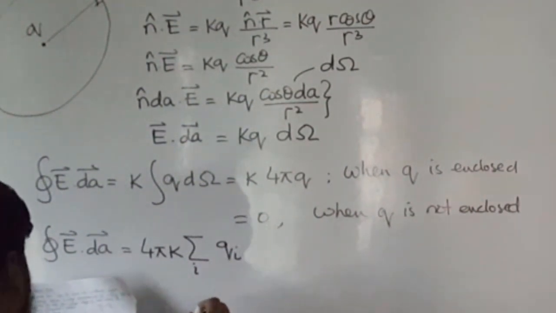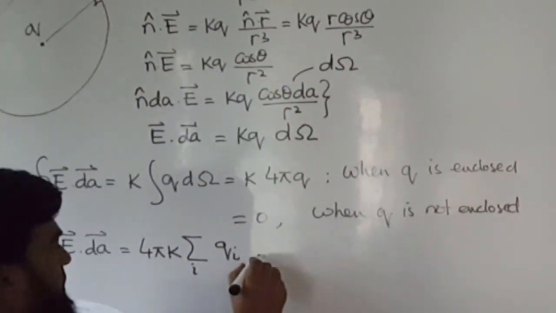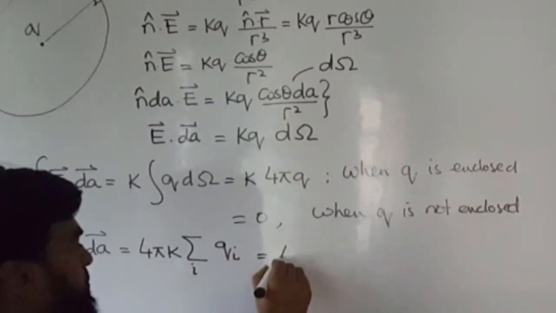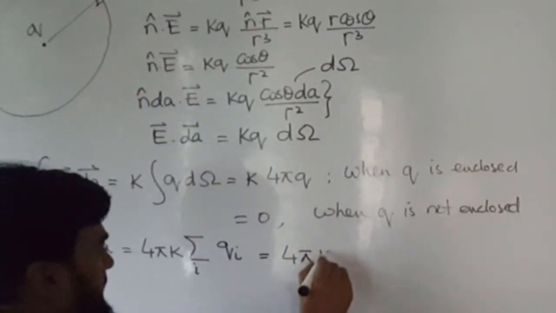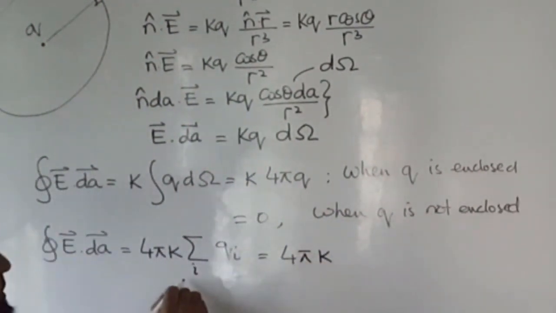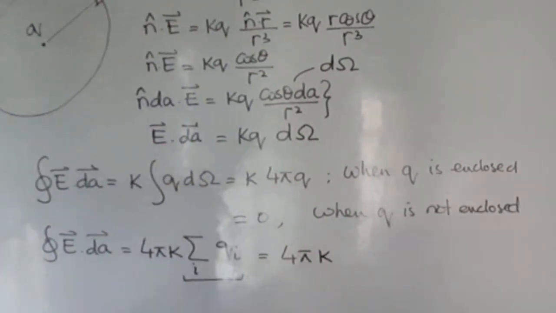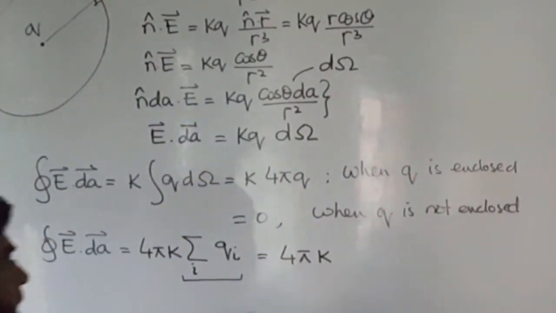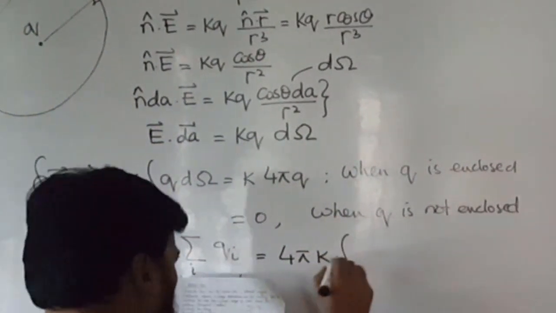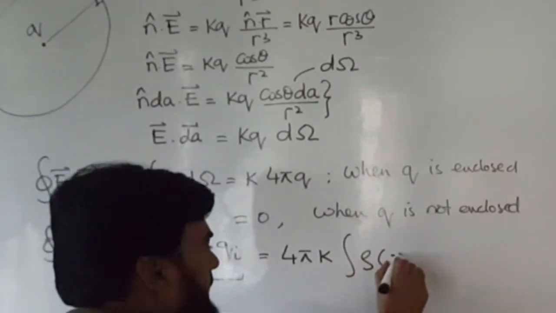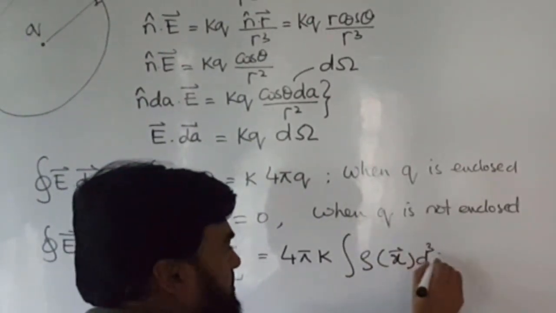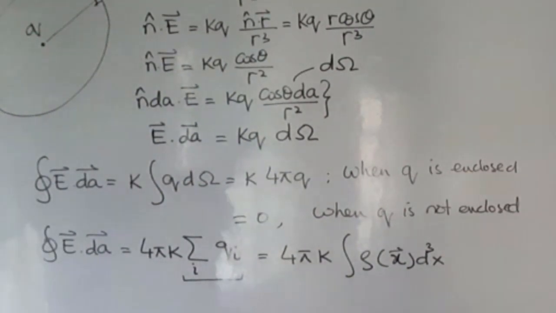So this is equal to 4 pi K, and then this, I know the value. What was the value of Qi? It was the integral of rho of x d cube x, meaning the enclosed volume.